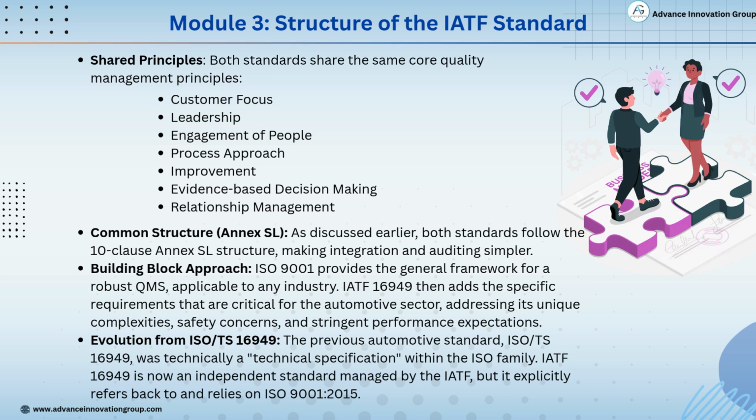These principles ensure a consistent, quality-driven approach across both systems. Common structure, Annex SL. Both standards use the same 10-clause structure from Annex SL. This helps organizations integrate and audit multiple standards more easily.